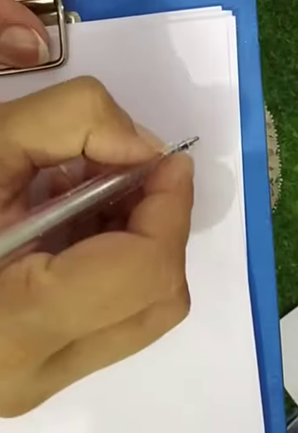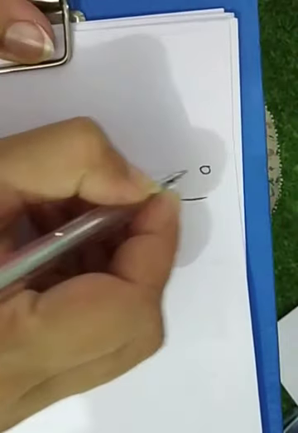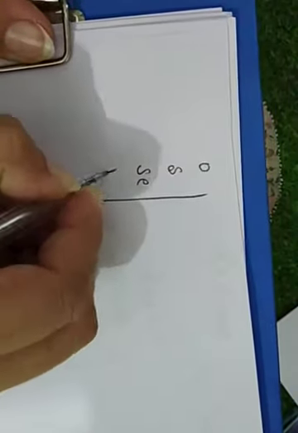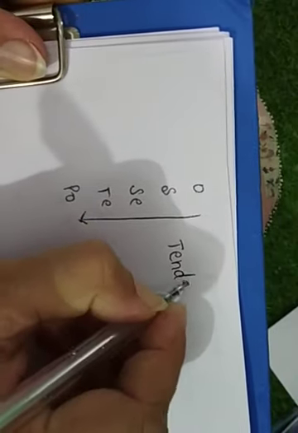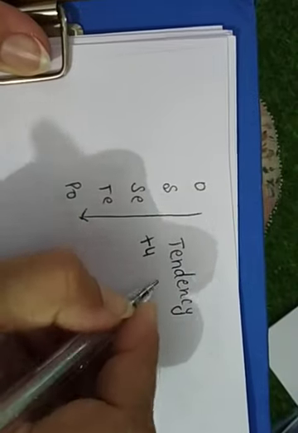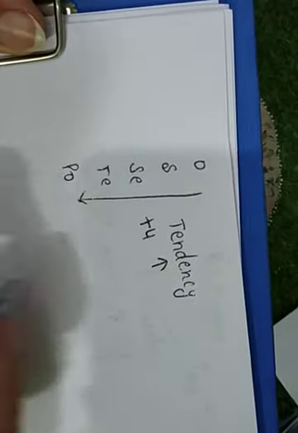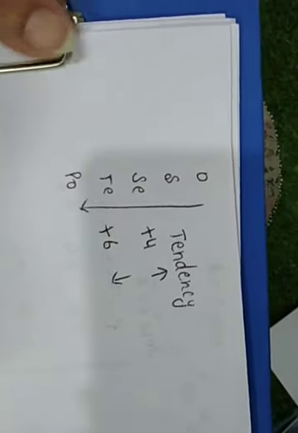Now if we move down the group, the tendency to show the +4 oxidation state increases and the tendency to show the +6 oxidation state decreases.